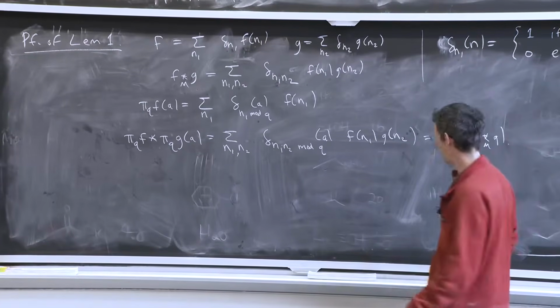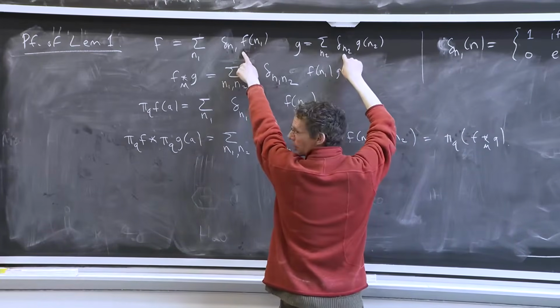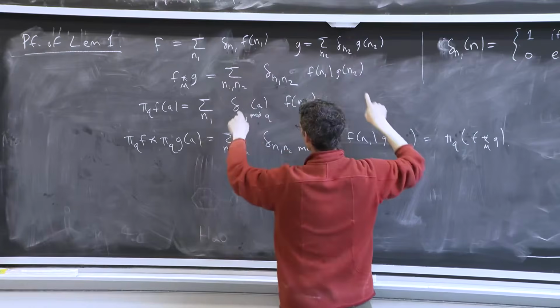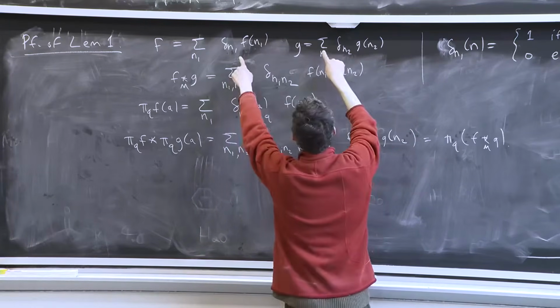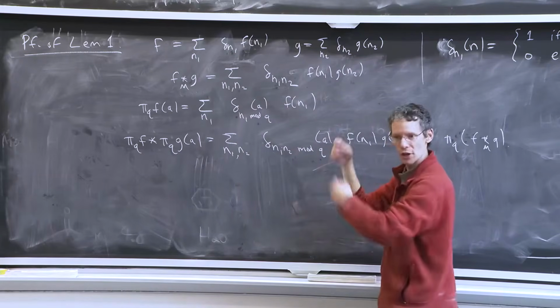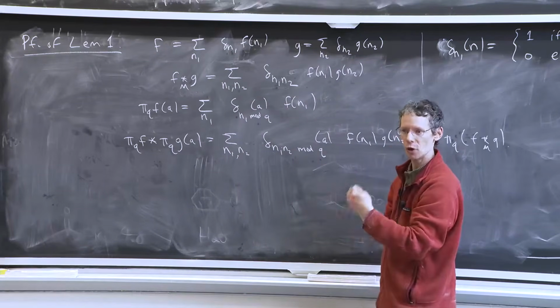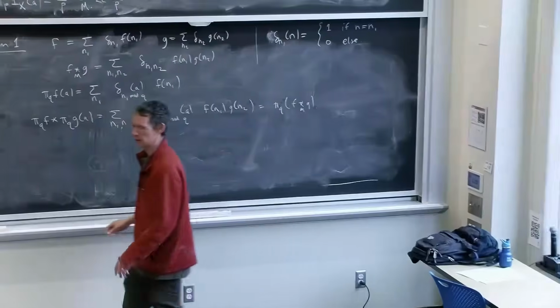So all it boils down to is I have this bit of f and this bit of g, and I could first reduce them each mod q and then multiply them together, or I could first multiply them together and then reduce mod q. And those are the same as each other, because reduction mod q is a homomorphism. OK, so that's the first lemma.